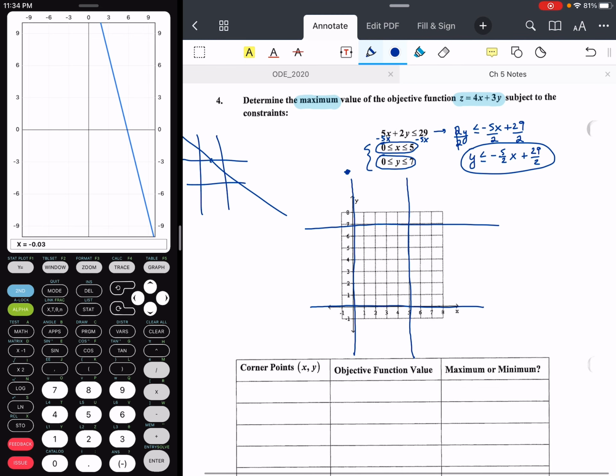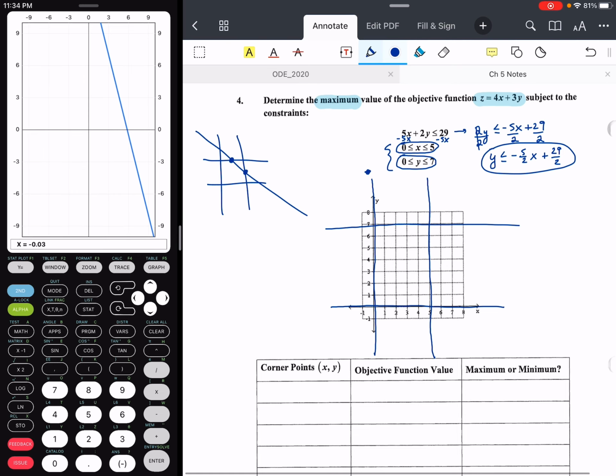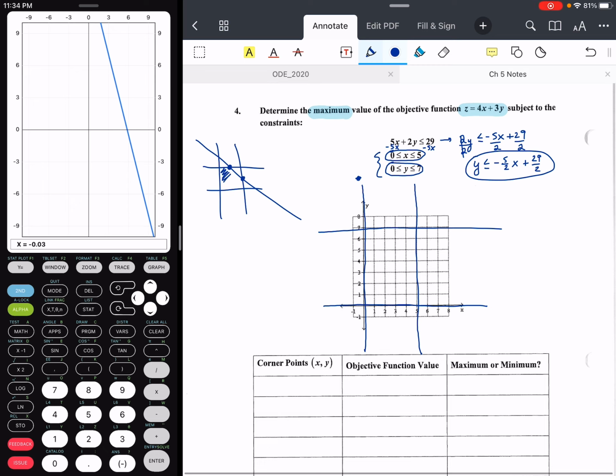So if I can figure out what those 2 points are, then I'm going to graph inside these constraints here, right? I know this is going to be a corner. That's 0, 0. This will be 0, 7.